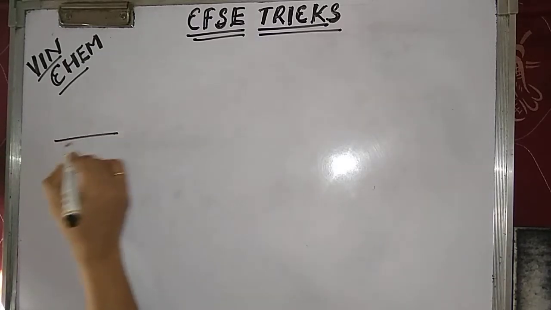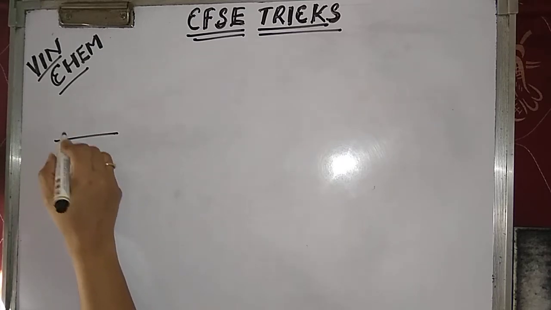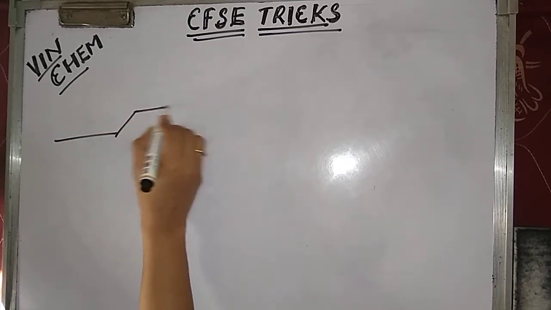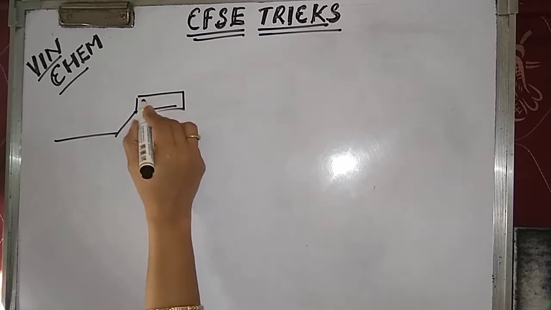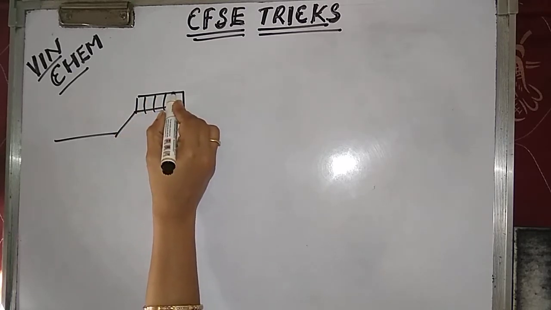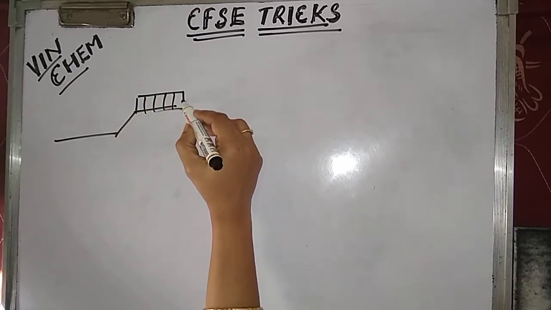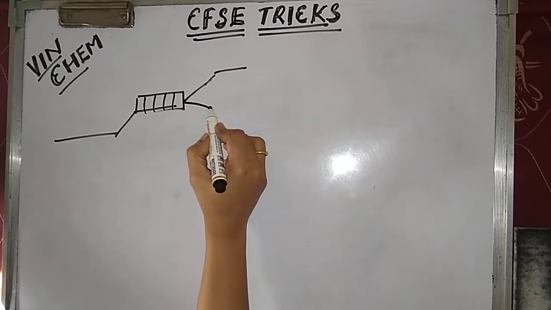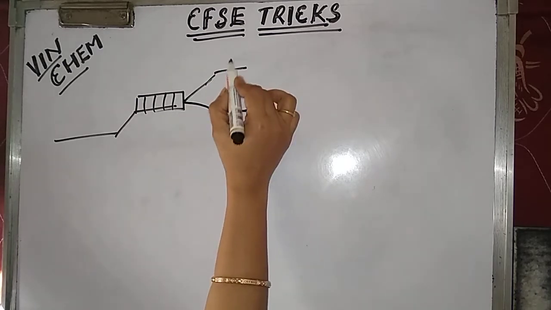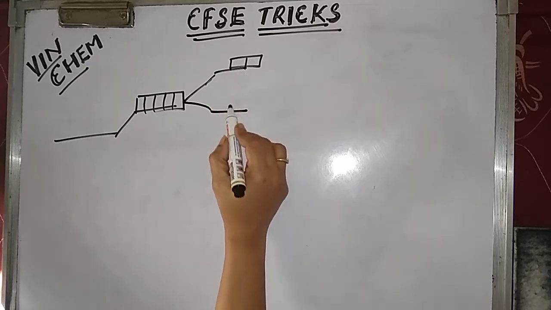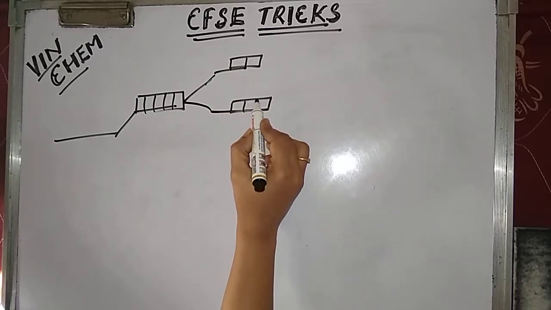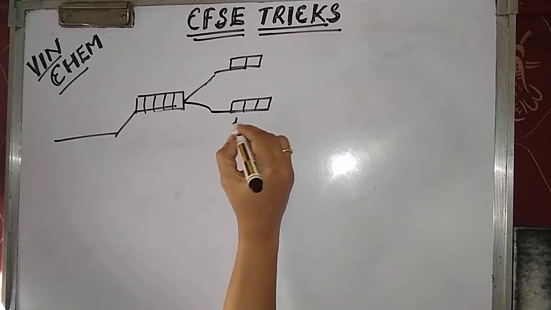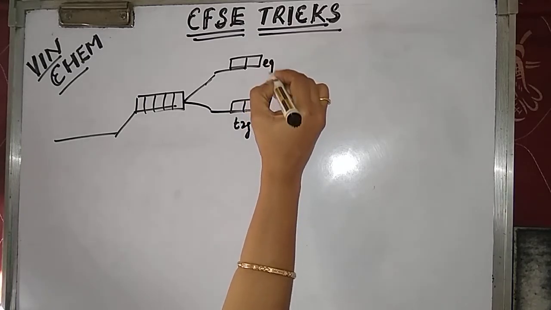This is the d orbitals in the free ion state. This is the average energy of the d orbitals, 1 2 3 4 5, and this splits into two sets of d orbitals. One is T2g, another one is Eg.